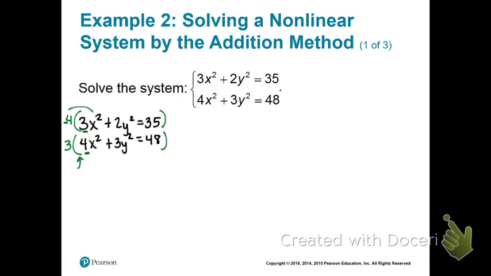All right, so let's distribute the -4 into the top equation. That -140? Yeah. And distribute the 3 into the second equation.